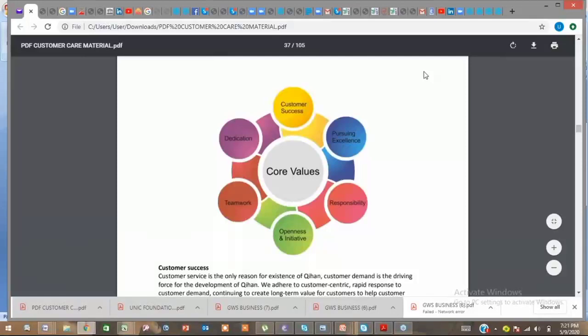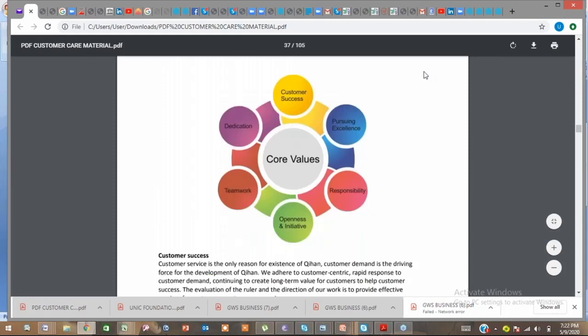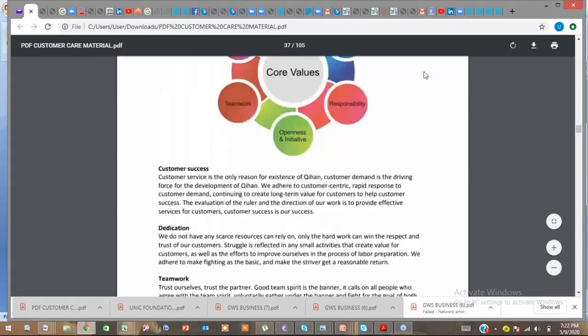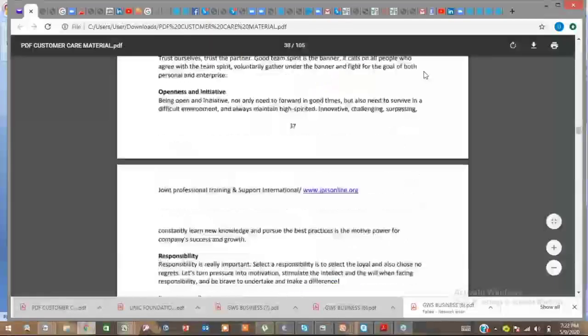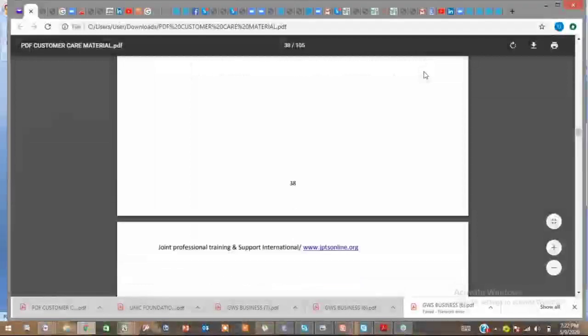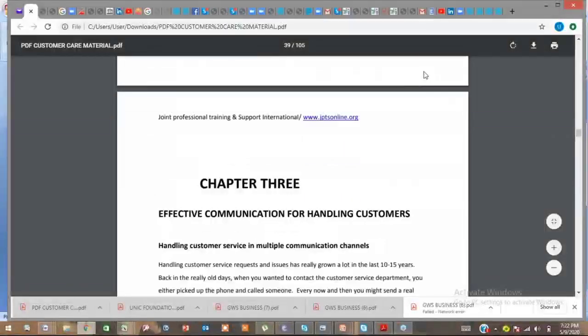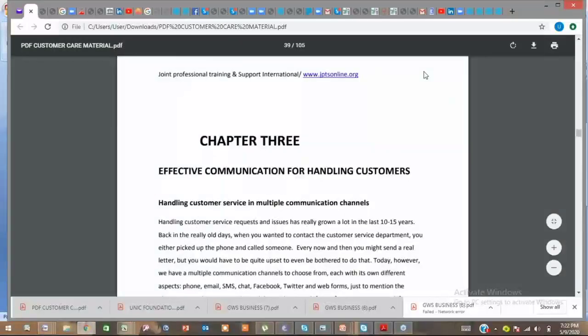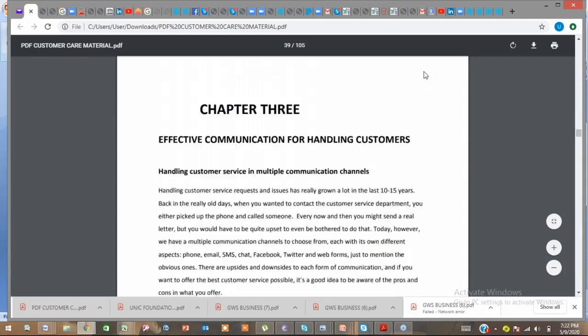Core values: dedication, customer success, pursuing excellence, responsibility, openness and initiative, teamwork. I believe there was a particular diagram in one of the first assignments I gave to draw and explain. That diagram is very helpful. Please, you guys must go back to that diagram and see what was discussed there.